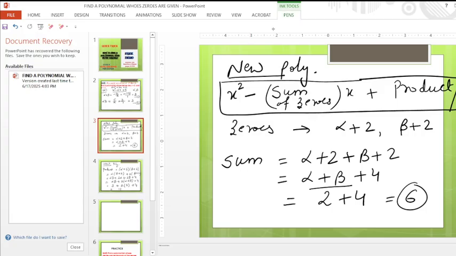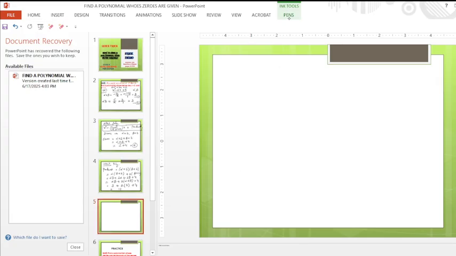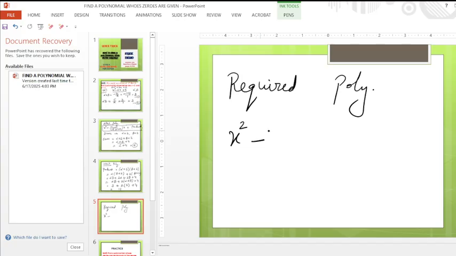So the required polynomial is x square minus 6x plus 11.